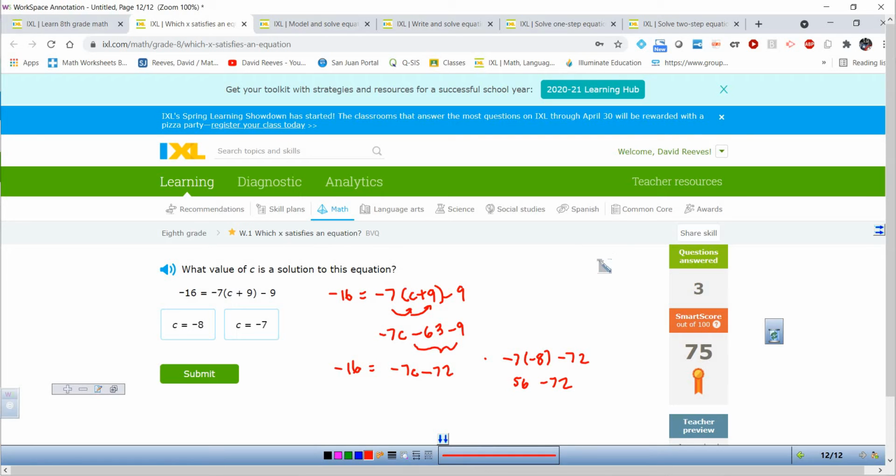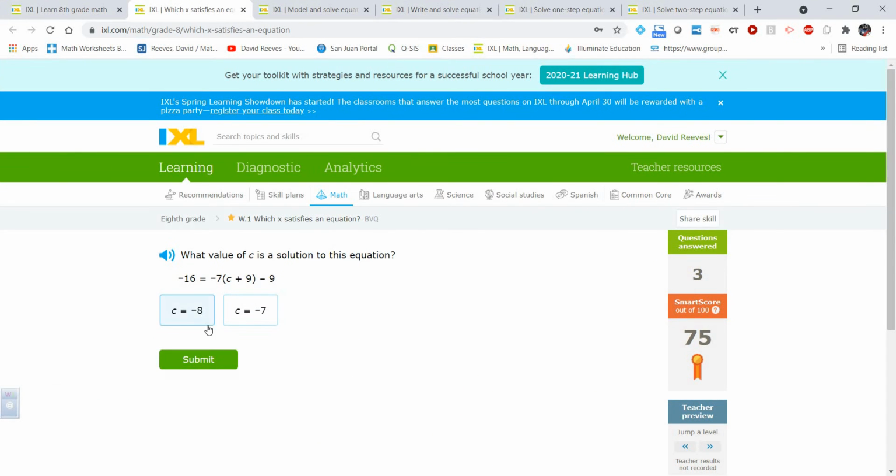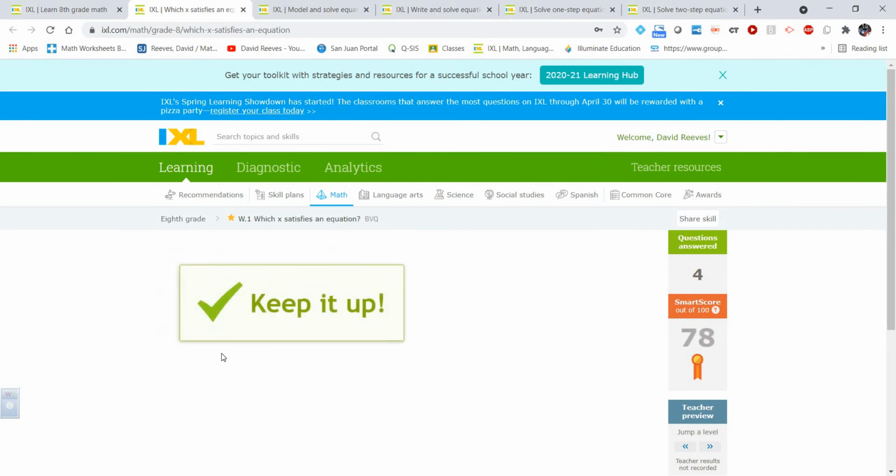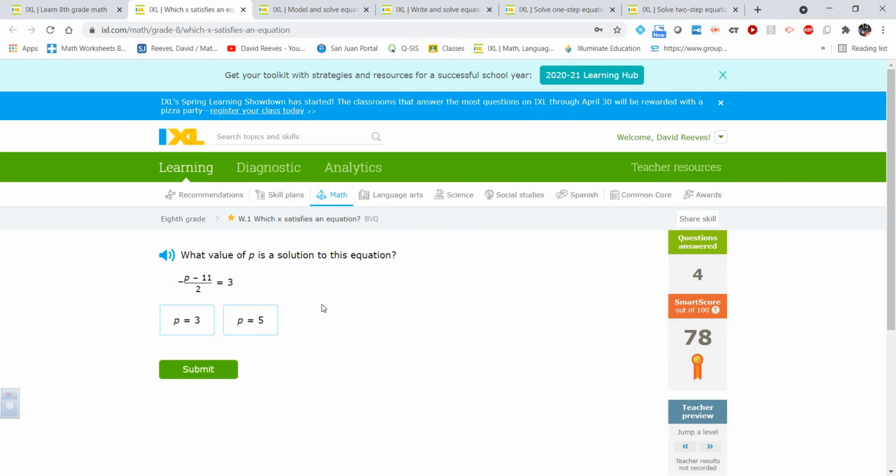All right, I'd actually have to do 72 minus 56 to figure this one out. Well, I'm going to have to borrow here, right? 12 minus 6 is 6, and 6 minus 5 is 1, and that would give me the 16 that I need. So actually, I'm just going to go ahead. I got the answer and say negative 8. Just a reminder, you are welcome to use a calculator.